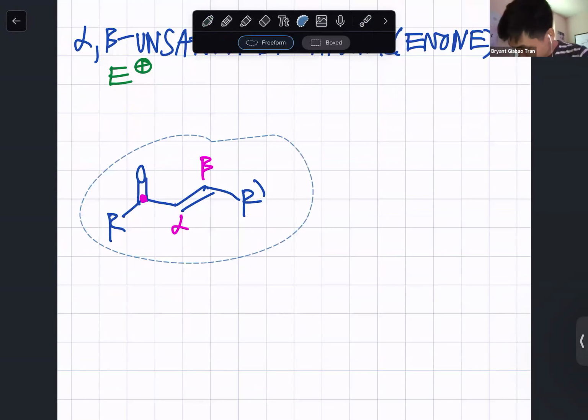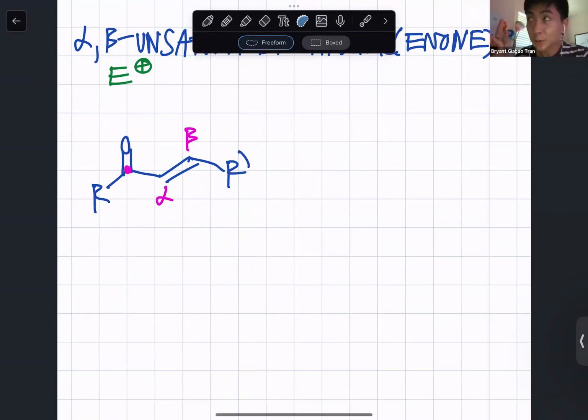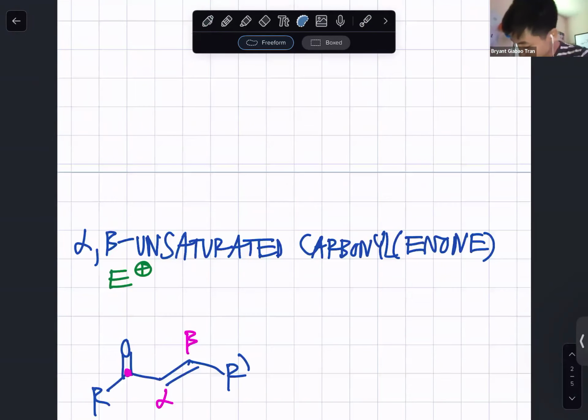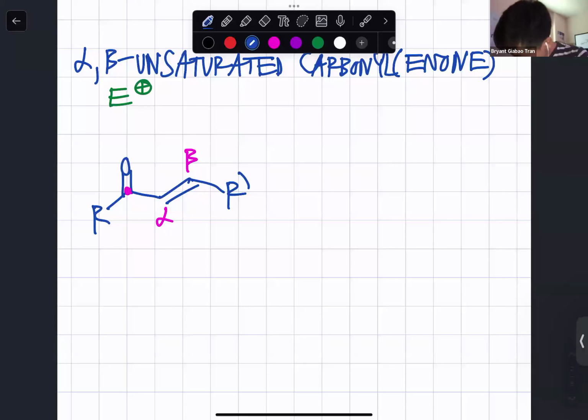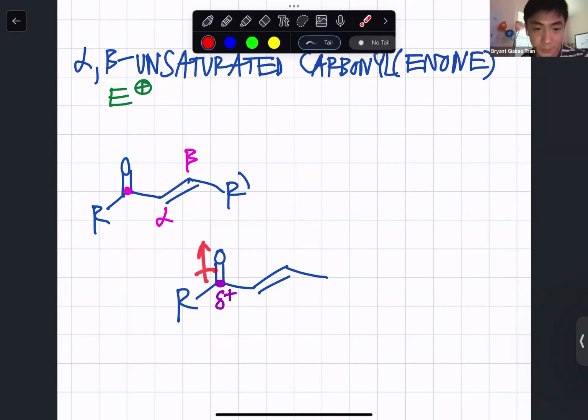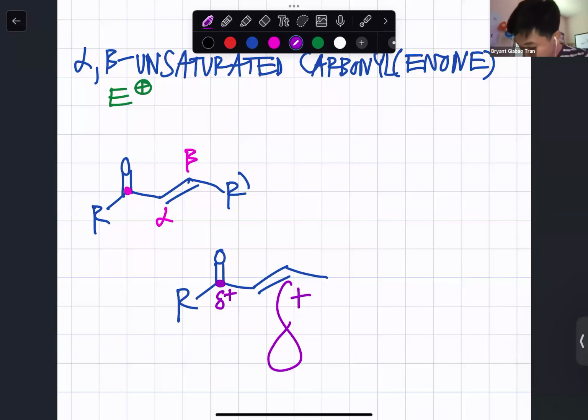There are going to be 2 possible electrophilic atoms in this enone. Let me draw this out without the other labels. We know the carbonyl carbon is partial positive because it's attached to an electronegative oxygen atom. But the carbonyl carbon is not the strongest electrophile. The strongest electrophile is the beta carbon, which has a bigger partial positive charge.